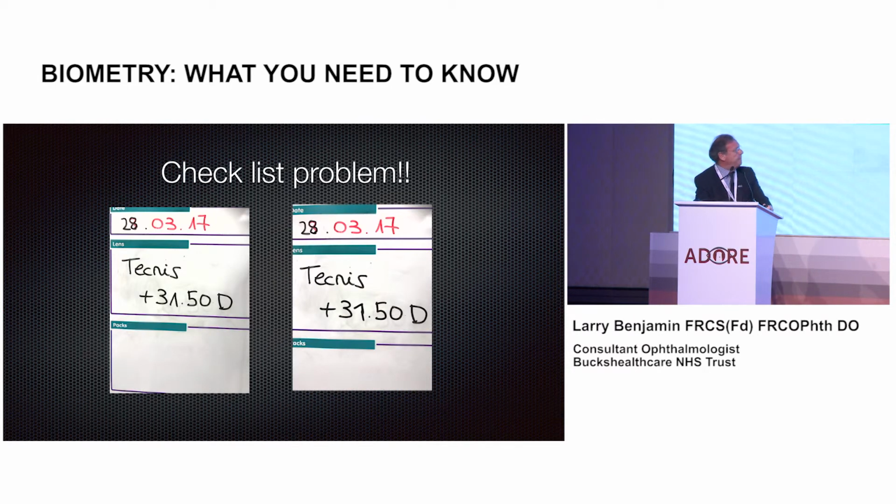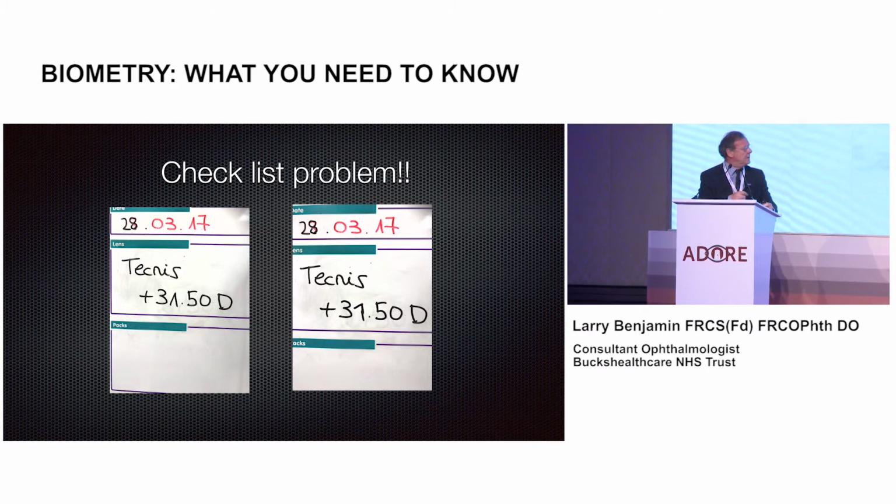Nowadays is okay. In the UK, we have a WHO checklist, World Health Organization checklist, that we have to go through. And one of the things that our hospital requires is that we write the number of the lens on the whiteboard in theatre so that we all know what it is. Now, I've stopped that happening in my hospital because it's dangerous, and the reason it's dangerous is because of translational error.